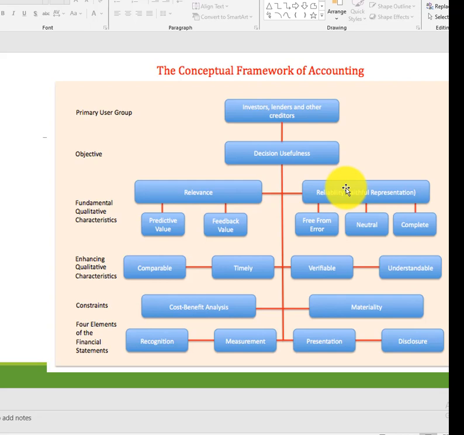Okay, not impossible by any stretch, but fairly remote. Enough that we can go ahead and use this information to make relevant decisions, to predict the future, and that we're not going to have some payout at an existing lawsuit right now that's going to surprise us. Okay? And we've measured that. We've recognized that as a liability.